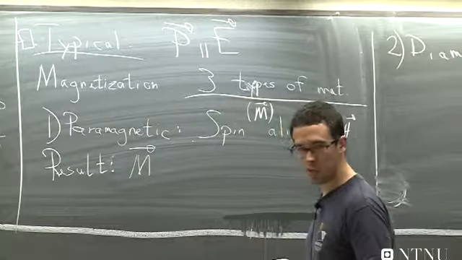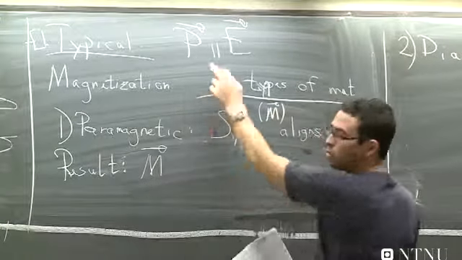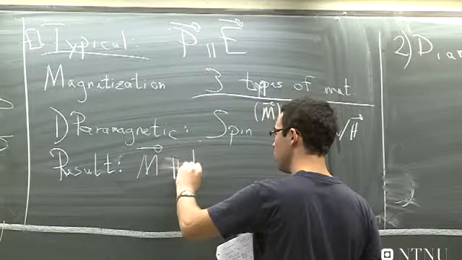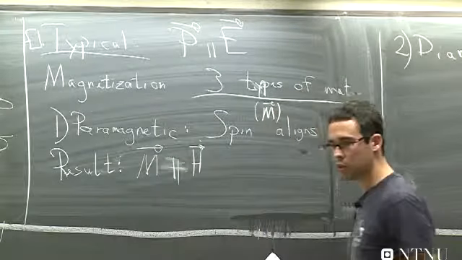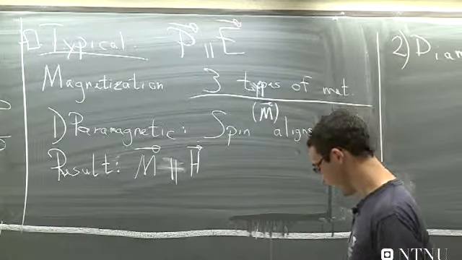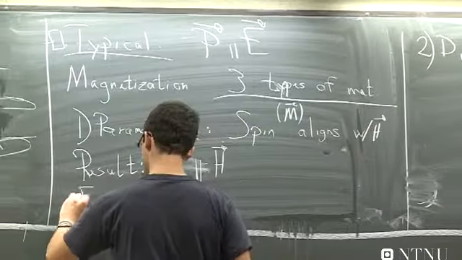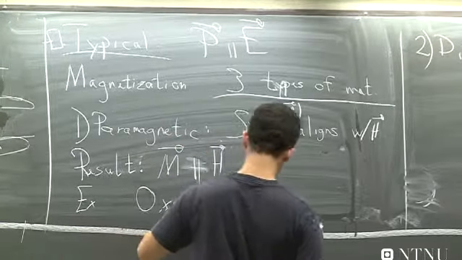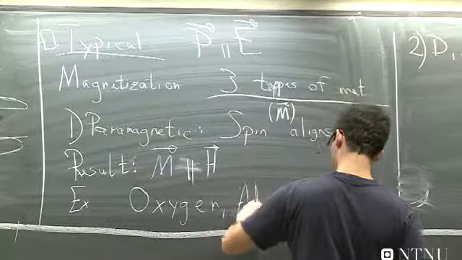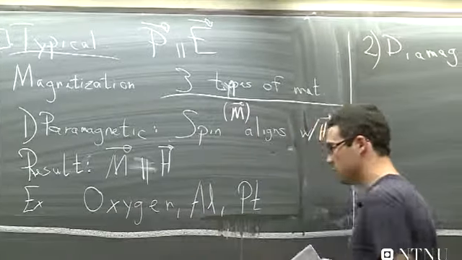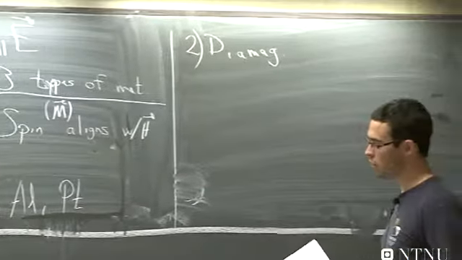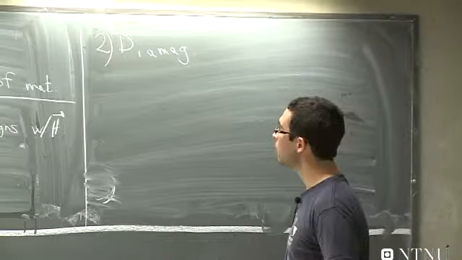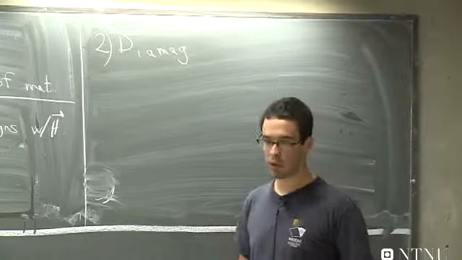So the local magnetization, which we'll discuss, is essentially the same as the polarization, parallel to the applied external field. And examples are molecular oxygen, aluminum, and platinum. There are several examples in the book as well. So that's a paramagnetic case.